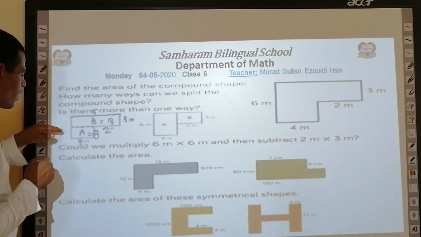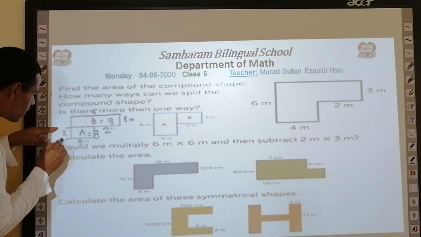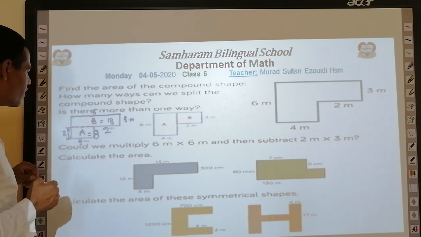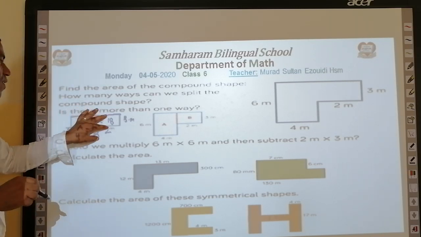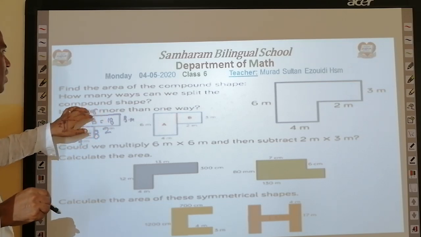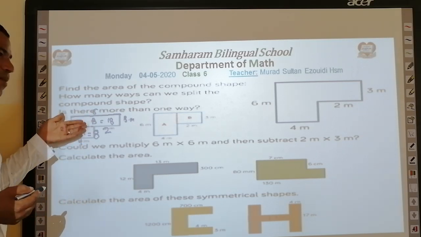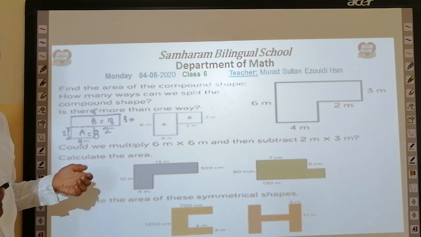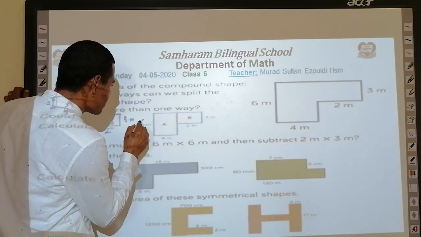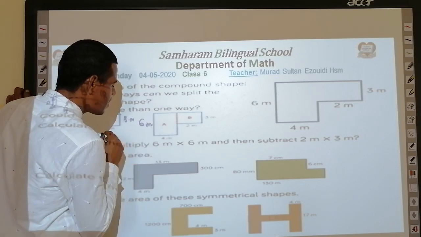If this is 2 centimeters from this to that, 2 by 4 is 8. So in order to figure out the area of this compound shape, just split the compound shape, which means we divide it into rectangles, find the area of each, then add them. So this one, my learners, is 6 centimeters or 6 meters.